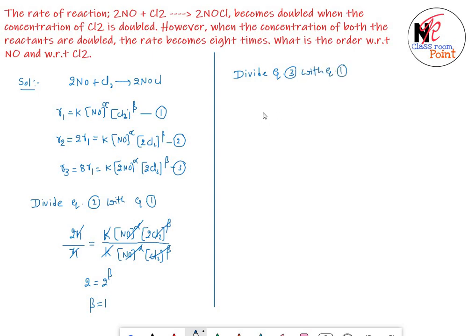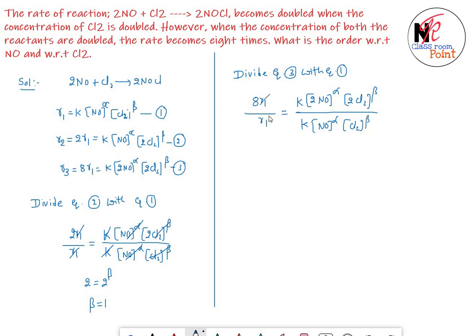Then for equation 3, this is 8R1. So 8R1 divided by R1 equals K into concentration of 2NO power alpha into 2Cl2 power beta, divided by K into concentration of NO power alpha into concentration of Cl2 power beta.